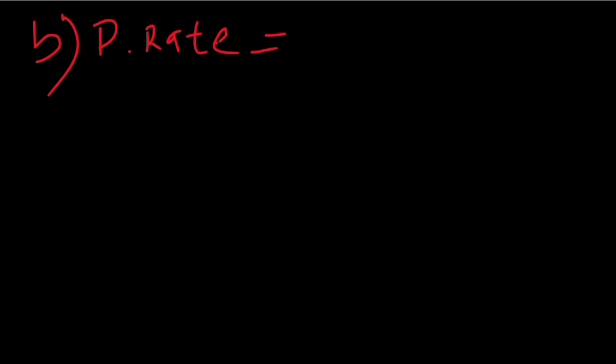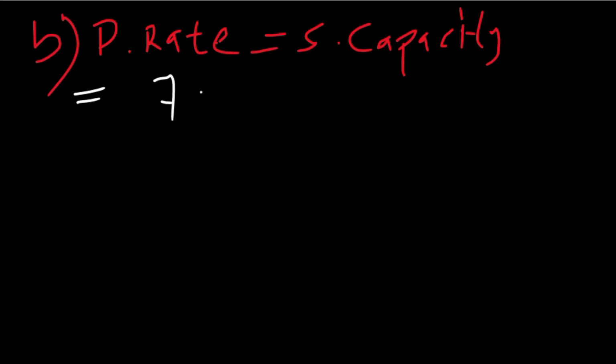Now when we talk about data rate, it is the rate at which data is being transmitted across a media. So the data rate here is the same as the Shannon capacity. The unit for the rate is megabits per second. So our final answer here is the same as what we had for A.